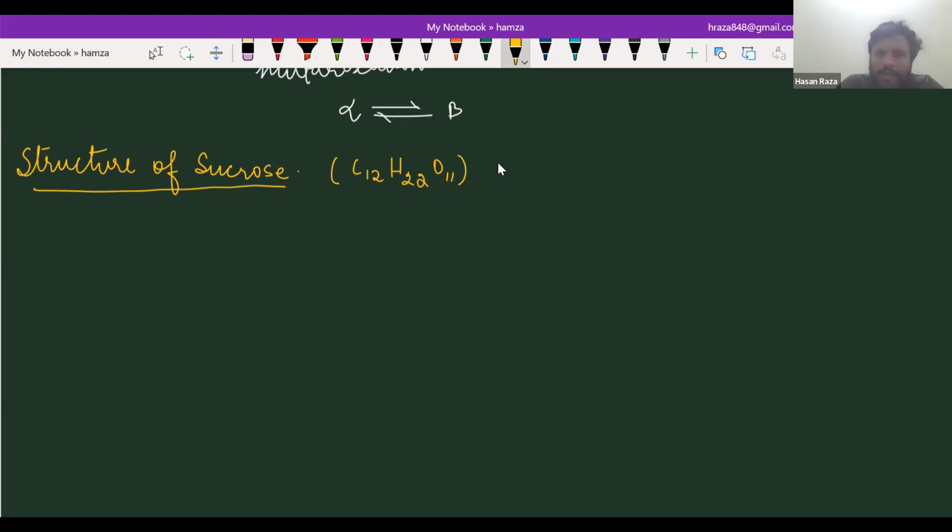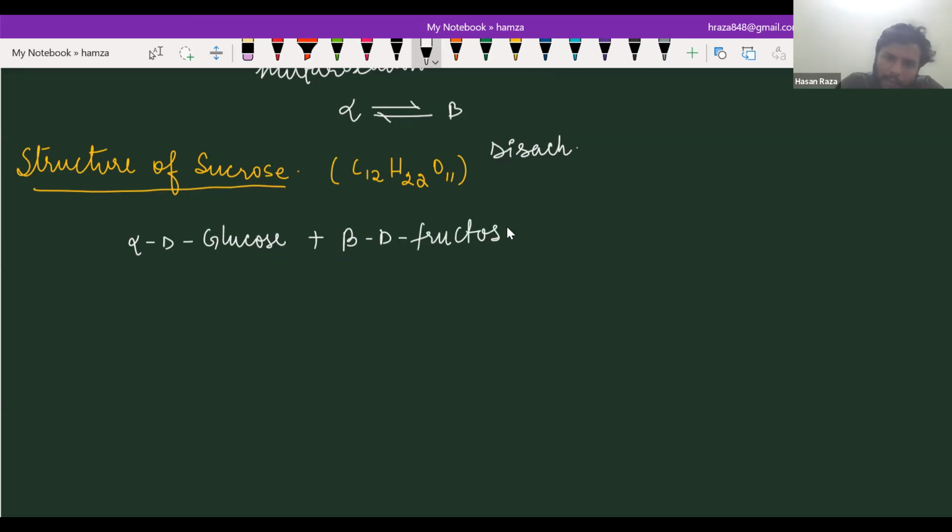This is sucrose, and you know, is it monosaccharide or disaccharide? It is disaccharide. So when alpha D glucose combines with beta D fructose, then sucrose formation takes place. Please see it carefully. I'm going to write the structure of alpha D glucose.